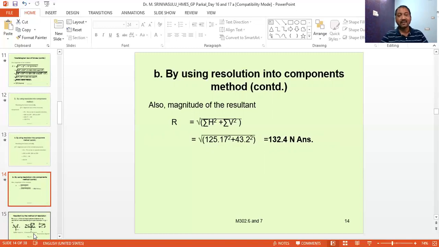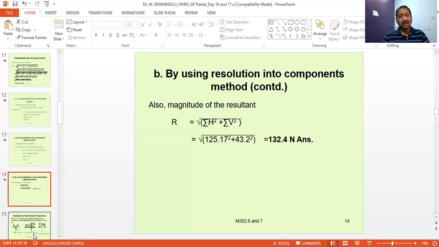In both the cases the resultant force is tallied and we got the same answer, that the magnitude of the resultant of the given force system, that is 260 newtons and 200 newtons, is equal to 132.4 newtons.